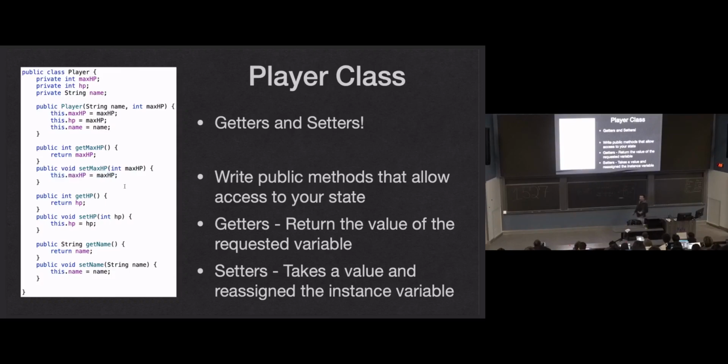These are getters and setters, and the names are usually get variable name, set variable name. So getters and setters are public, and this is how people outside of the class interact with our code. This is just standard in Java.